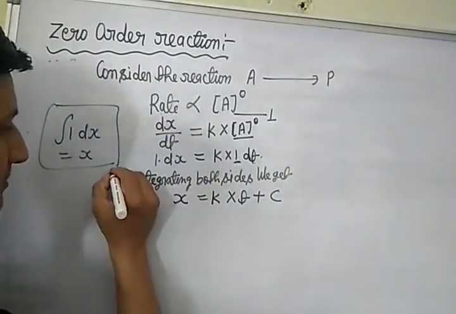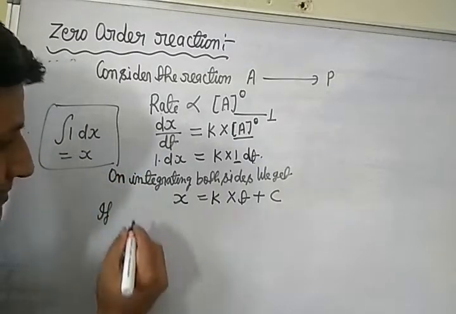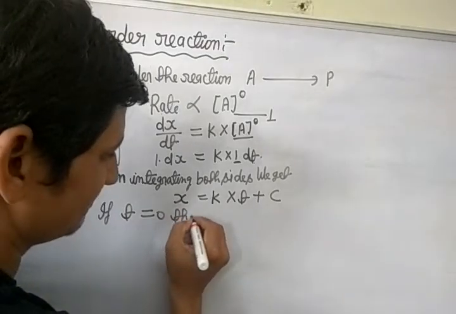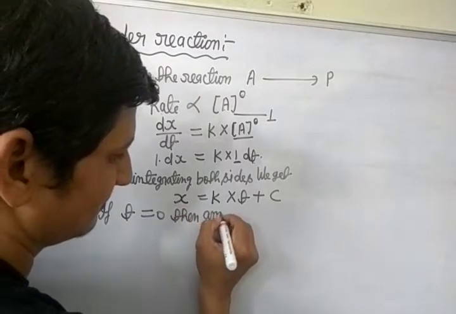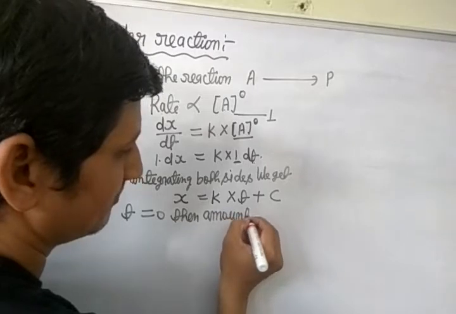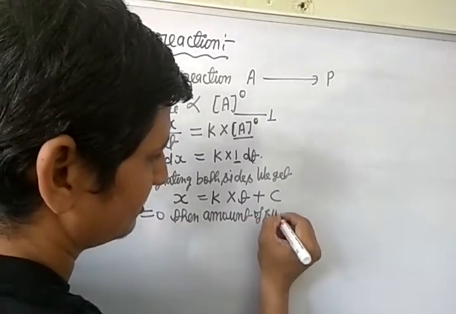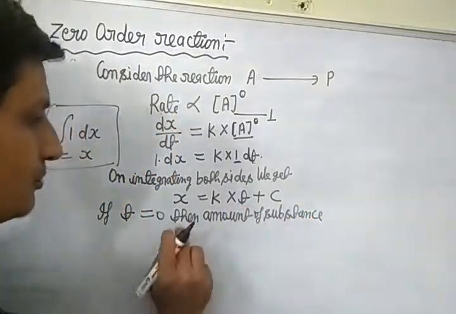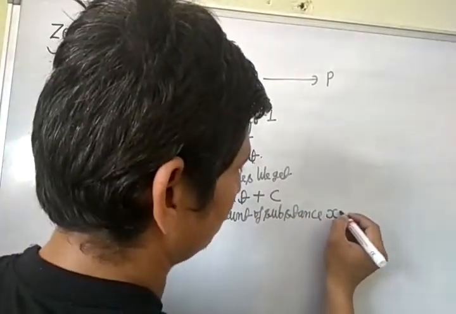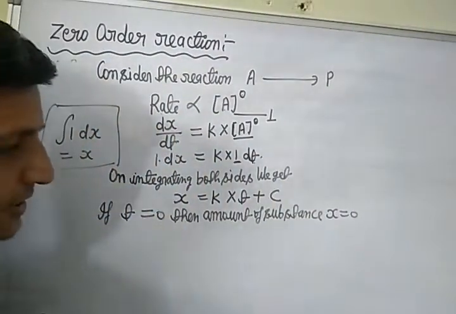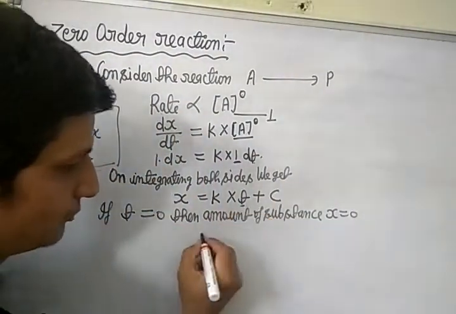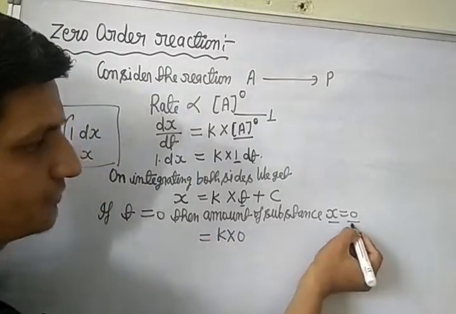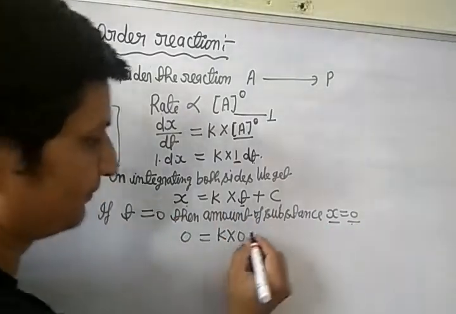If time is equal to 0, then the amount of substance x is equal to 0. Put here in the place of t, k into 0, and in the place of x, 0.